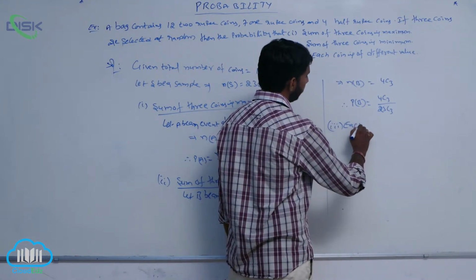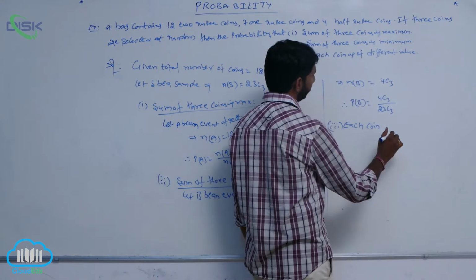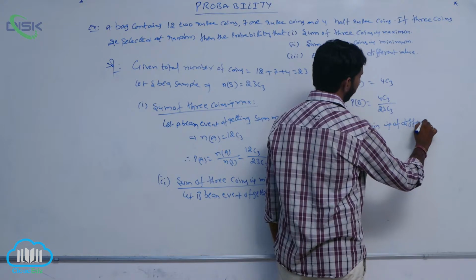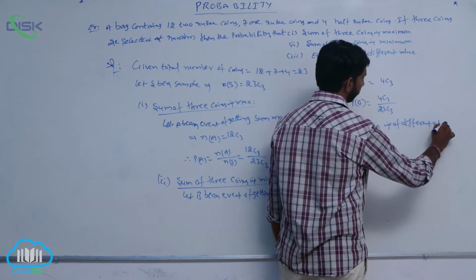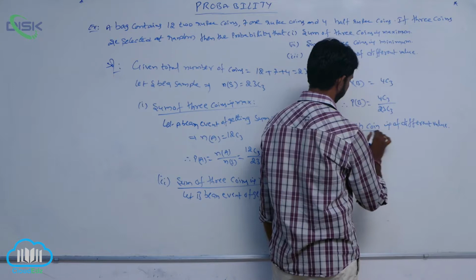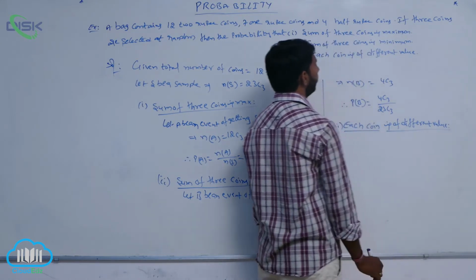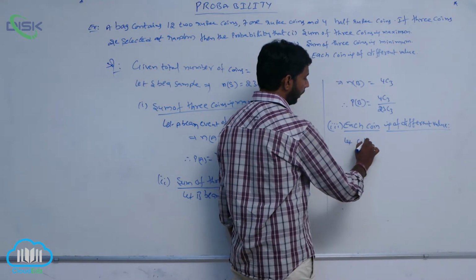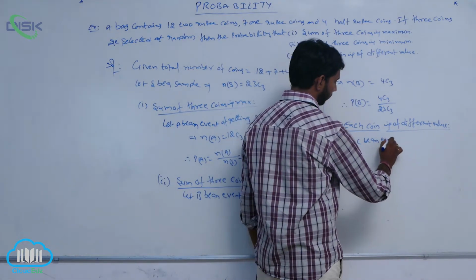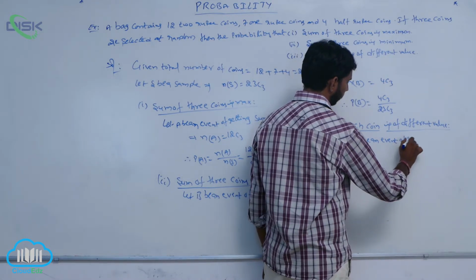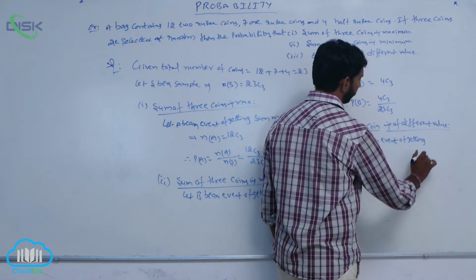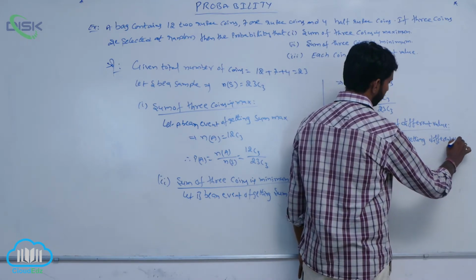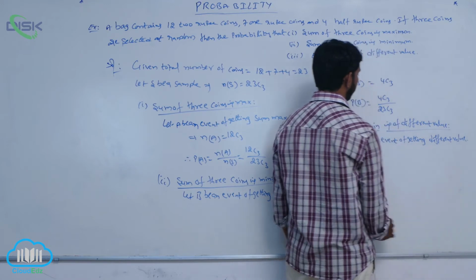And the third part is each coin is of different value. Let C be an event of getting different values.